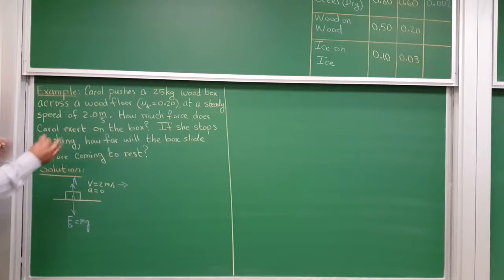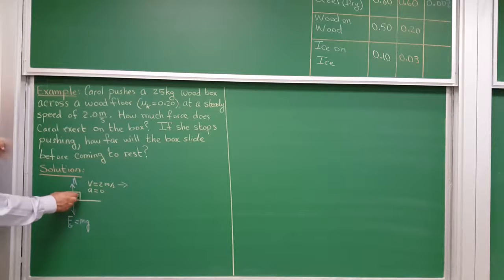And there is friction in this case, and friction always goes opposite to the motion, so there is the force of friction. What kind of friction is it? Well, the box is sliding on the floor, so it has to be the force of kinetic friction. And it's in this direction.